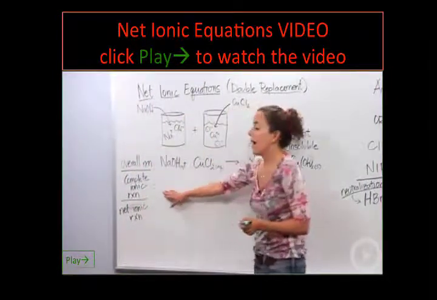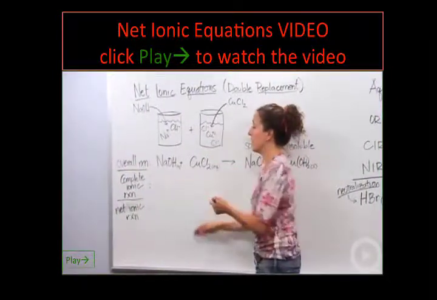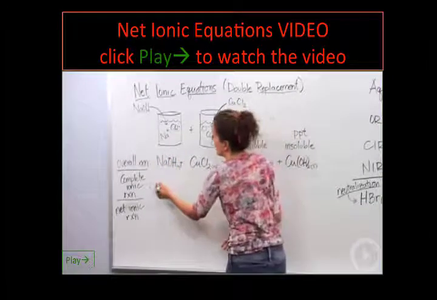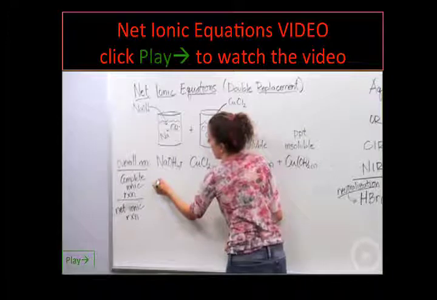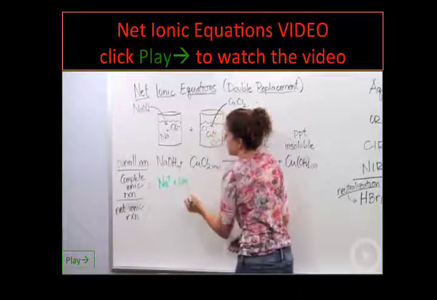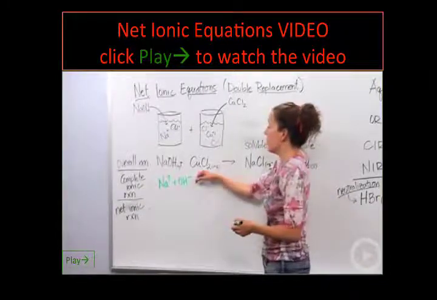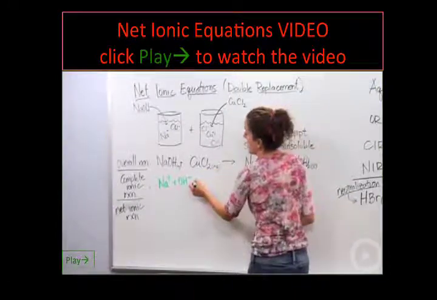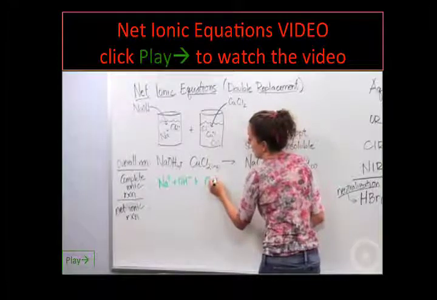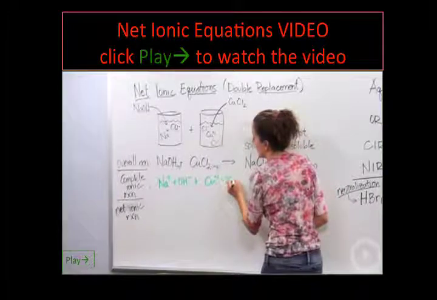So we look at the complete ionic reaction. We're going to break this up. We don't like it together because we know that they separate in solution, as we've mentioned earlier. So instead of writing NaOH, I'm going to write Na+ and OH-. Then I'm going to break this up into its ions also, because it's an aqueous solution. So we're going to say it's Cu2+ and 2 chloride ions.